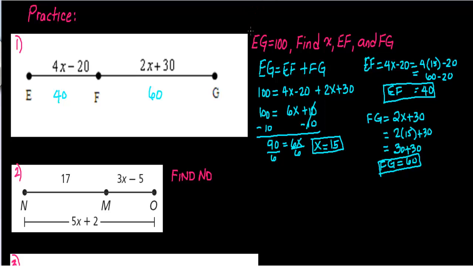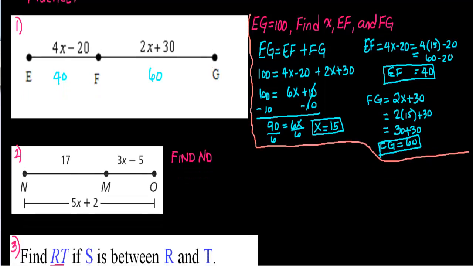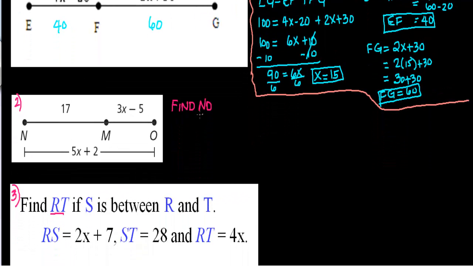And I'm going to draw a scribbly line here so that you don't confuse what I wrote for number 1 with what I'm going to write for the next problem. Find NO. How do we do that? Well, let's write the segment addition postulate. Always start off with the segment addition postulate.